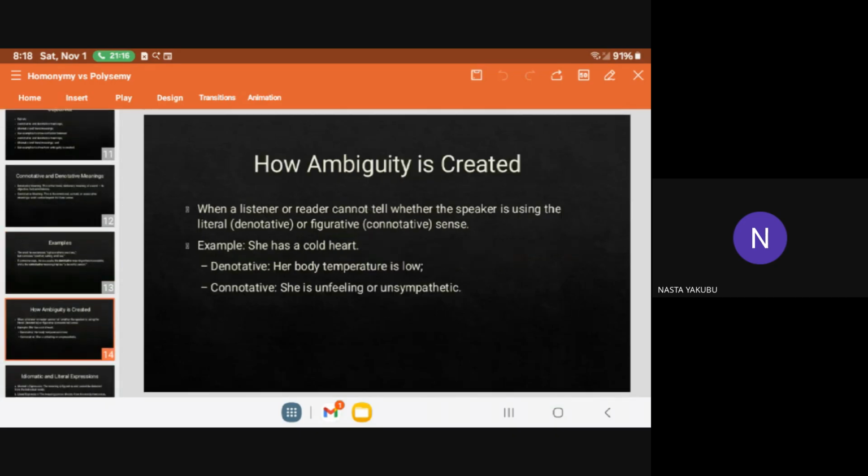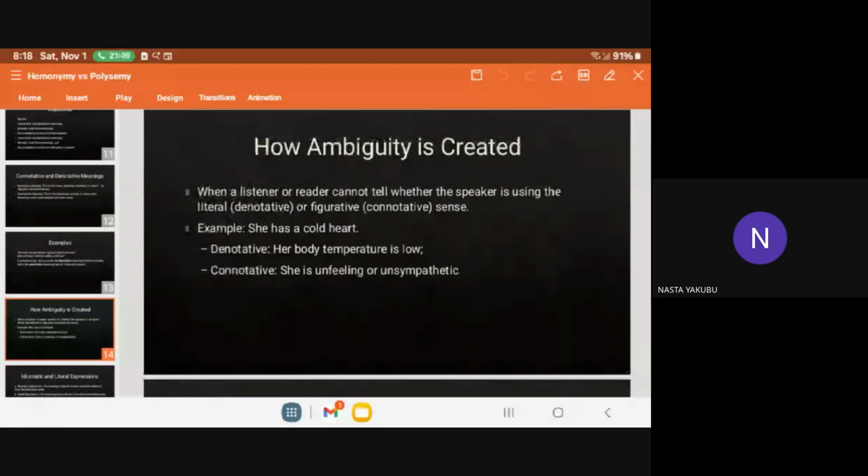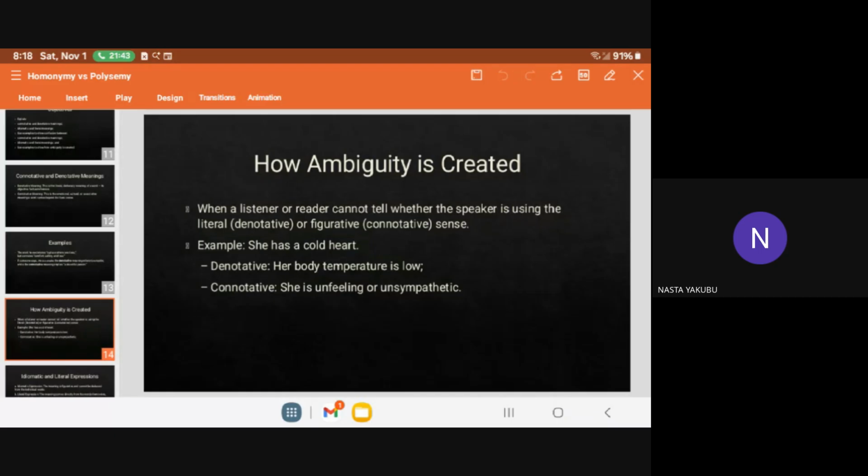Okay. So how is ambiguity created as a result of the differences between denotative and connotative meanings? Ambiguity is created when the one listening or the one reading cannot really tell whether the one speaking or the one who has written is using the denotative, which is the literal, or the connotative, which is the figurative sense.